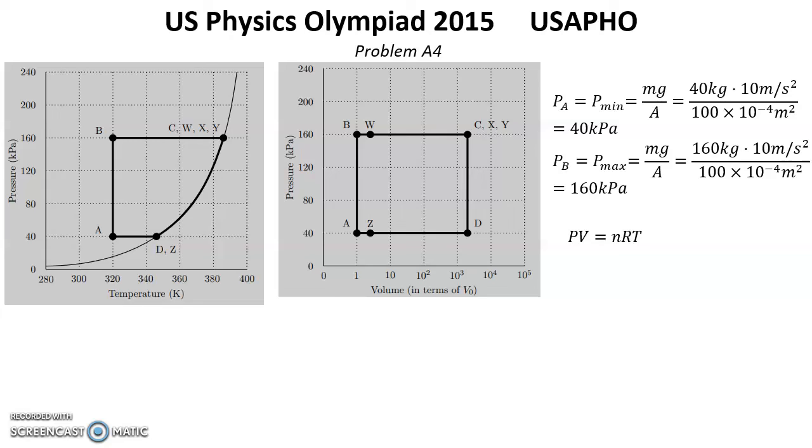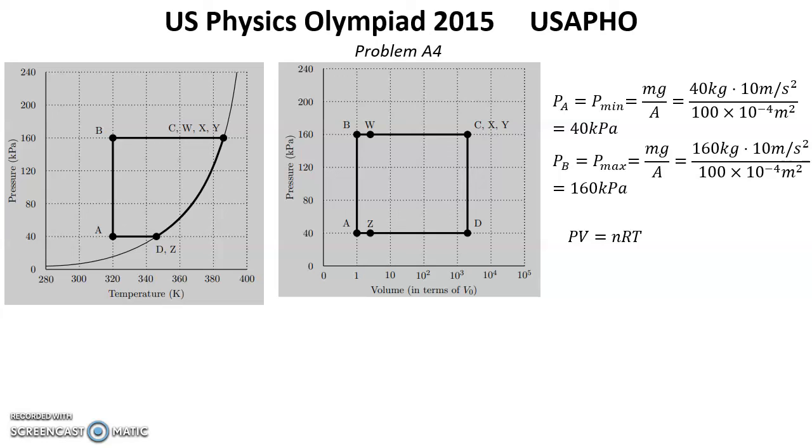Points A and B must be at the correct location in both figures. Points C, D, W, X, Y, and Z must be at the correct location in the PT diagram. Points C and D must be at the correct pressure, but in the V range 1000 to 5000 for the PV diagram for partial credit.